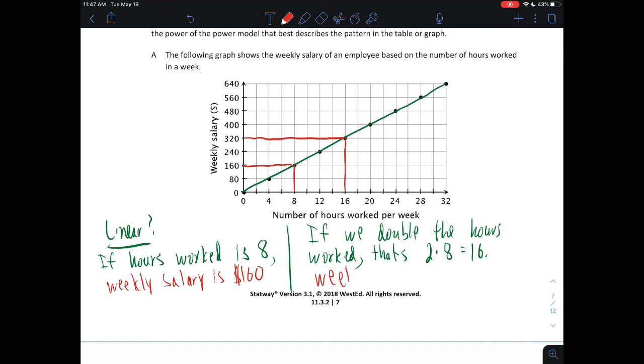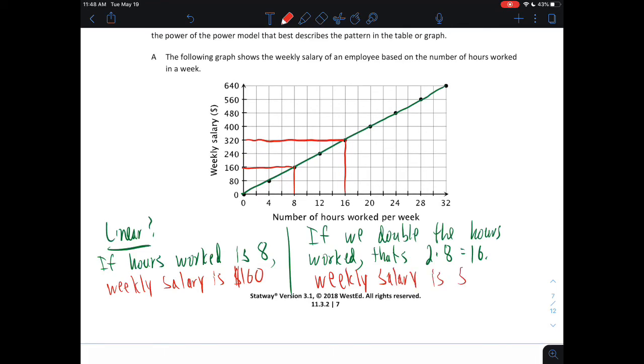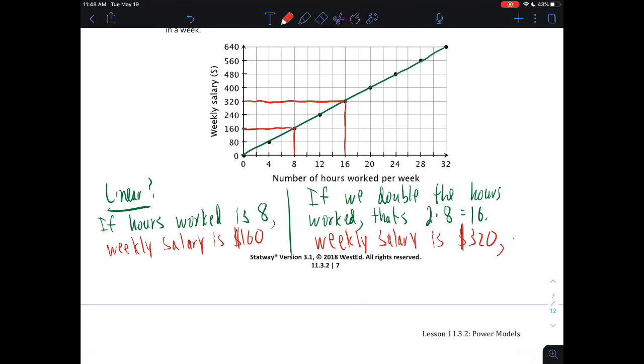So in this case, the weekly salary is $320, which is double 160. So notice what happened. When we doubled the input, the amount of hours worked, we doubled the output, the weekly salary. So this is linear.